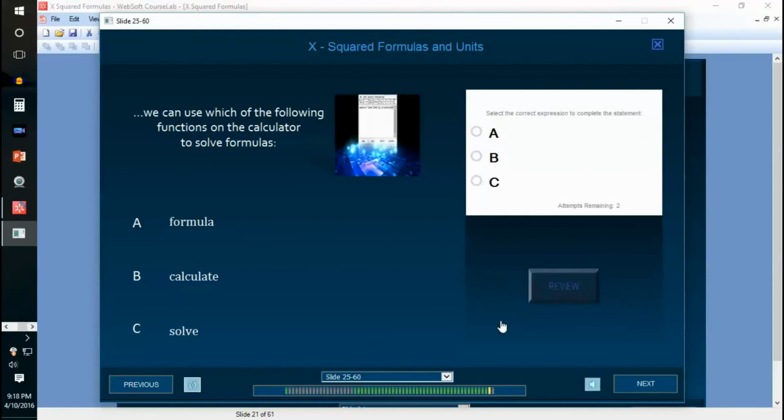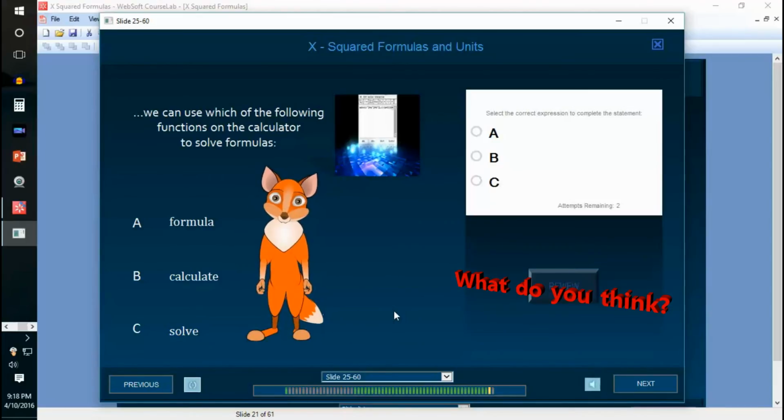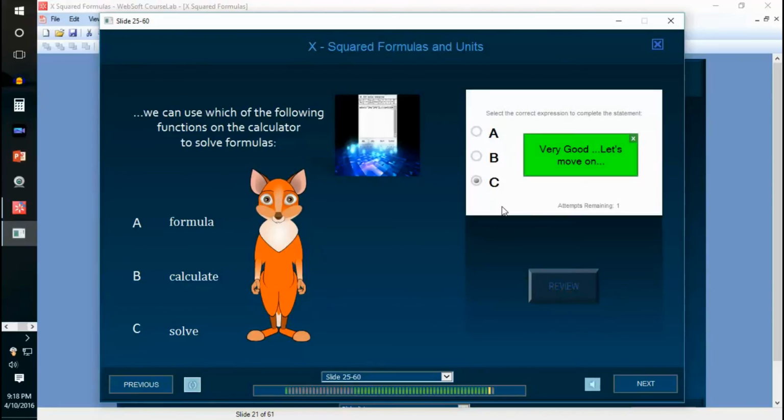We can use which of the following functions on the calculator to solve formulas? Good work. We can use the solve function on the calculator to solve formulas.